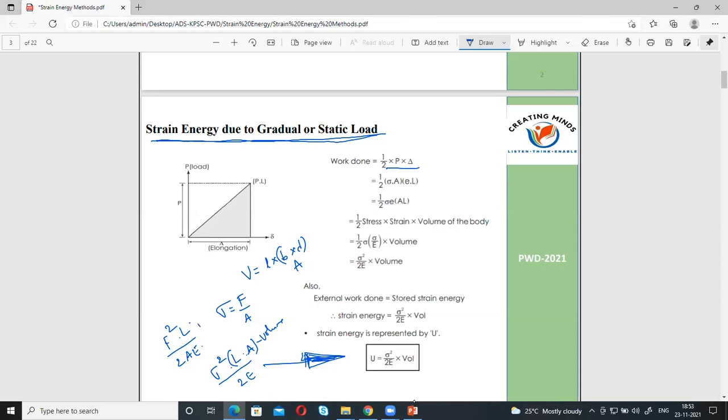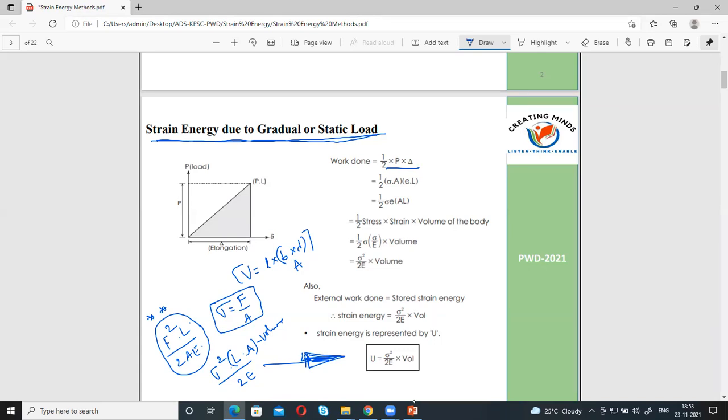Okay, we derived this equation, F square L by 2AE. But what is stress? Load by area. What is volume? Length into breadth into depth, in which the cross sectional area is A. In this equation, if you want stress, the denominator and numerator should be multiplied by A, because F square by A square is sigma square.